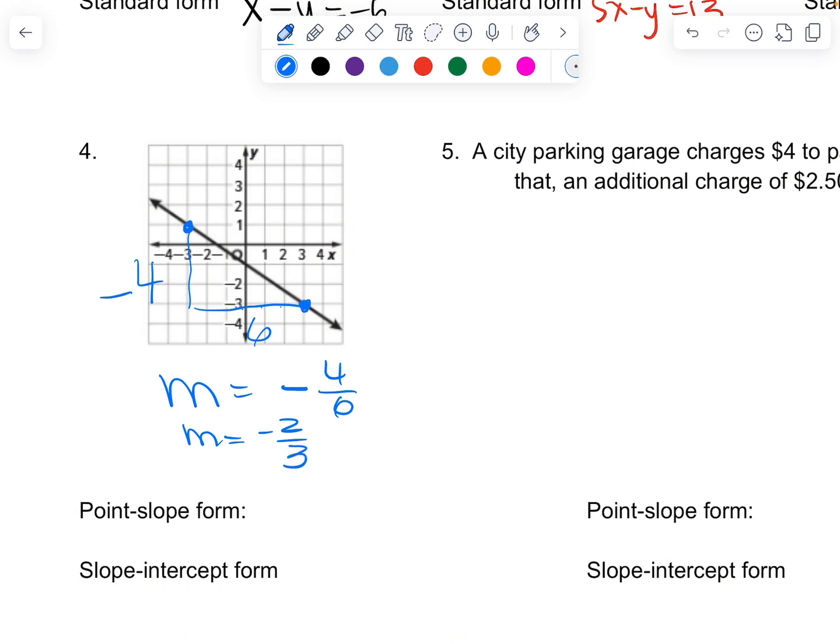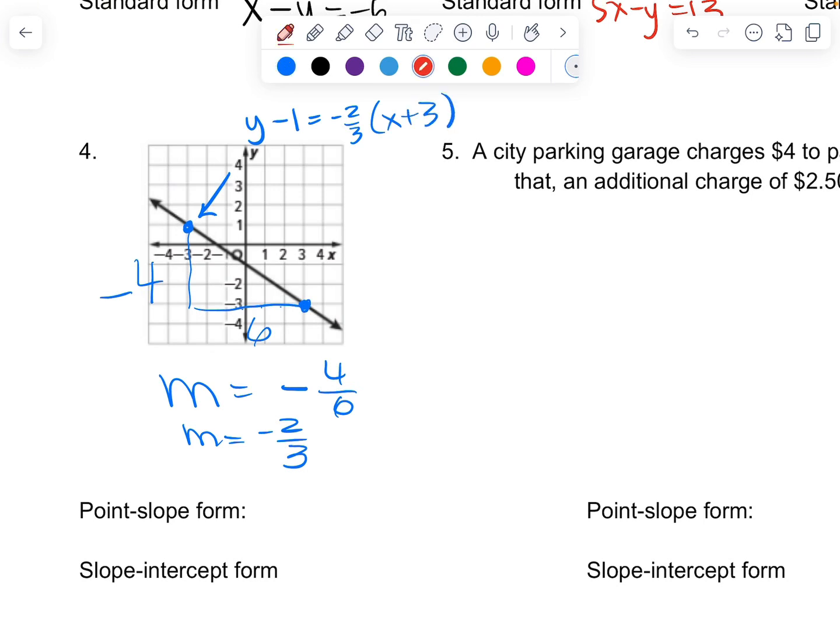And point slope, you could have several. If I use this one, it would be y minus 1 equals negative 2/3 times the quantity x plus 3.